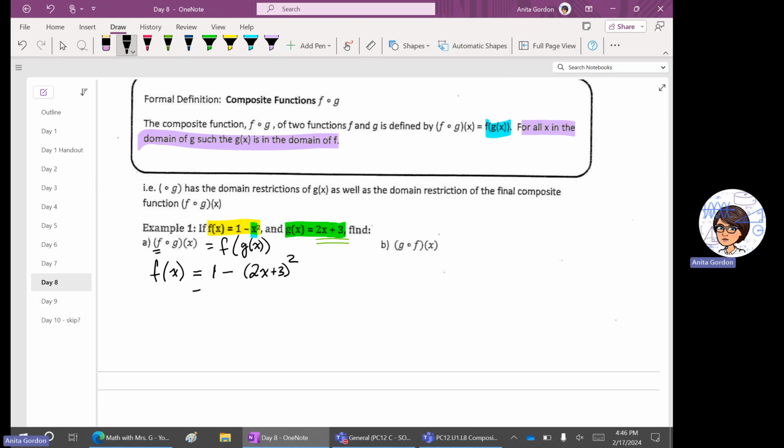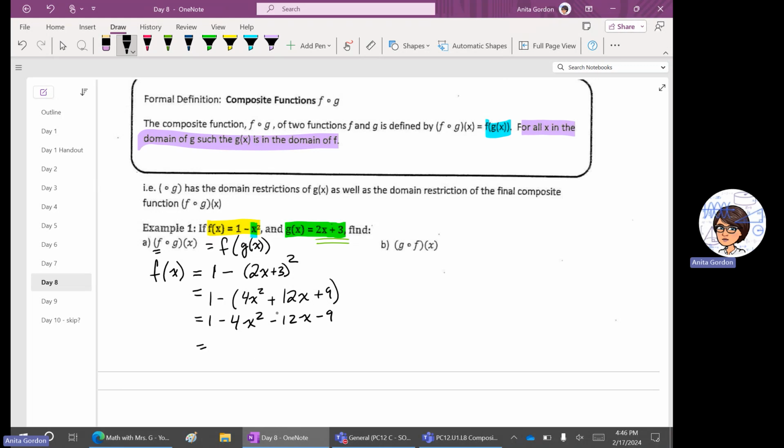And then you can expand this and simplify this. This would be 1 minus, let's see, 4x squared plus 12x plus 9. And then if I distribute the negative, this would be minus 4x squared minus 12x minus 9.